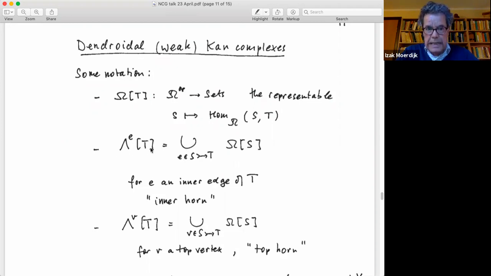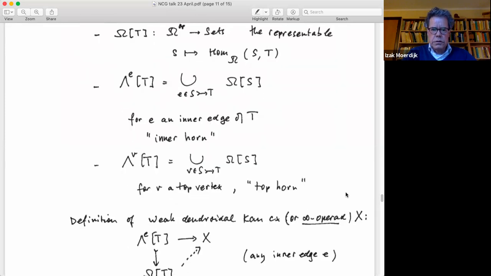And that's the horn, the inner horn. You could also take the part of the boundary which has all the faces except the one that chops off a top vertex. We call that a top horn or a leaf horn or a left horn. Various terminologies en vogue.